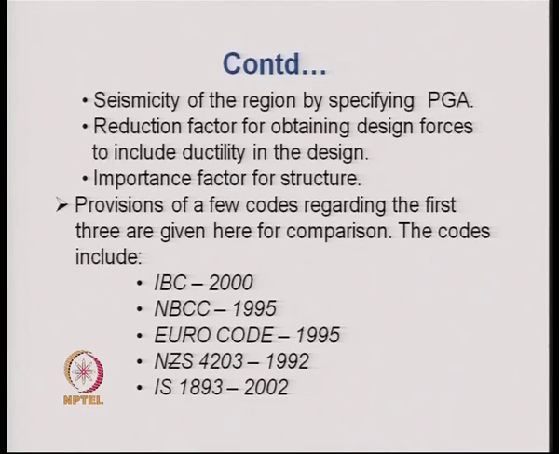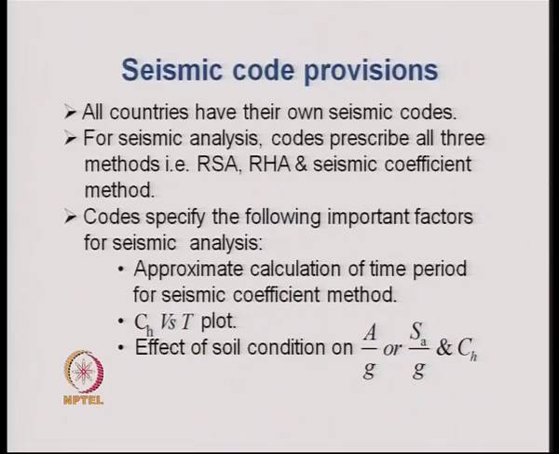So, these are the salient features of the code provisions in almost all codes of the world, and we look into these things when we study the code. Here we are not going to discuss all issues; we will be discussing only the first three, that is the approximate calculation of time period for the seismic coefficient method.